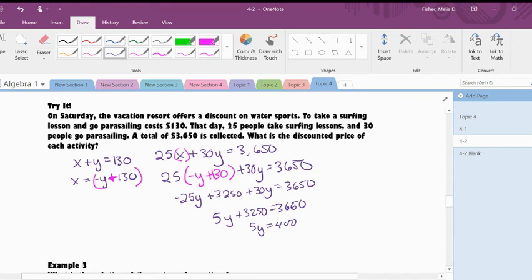Dividing both sides by 5 leaves us with y equal to 80. Going back to our original equation, plugging that in, subtracting 80 from both sides of the equation leaves us with x equal to 50. Our ordered pair would be 50, comma, 80.